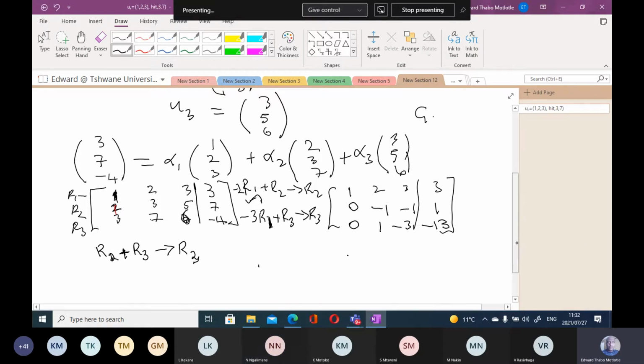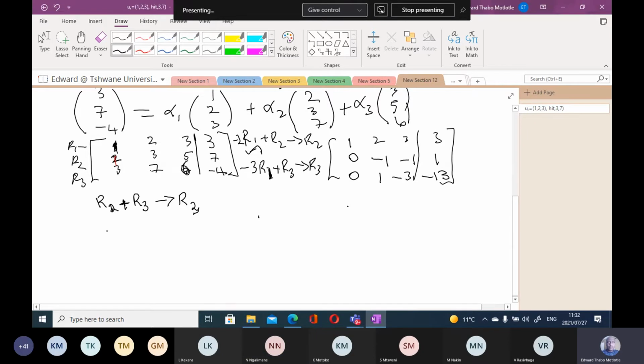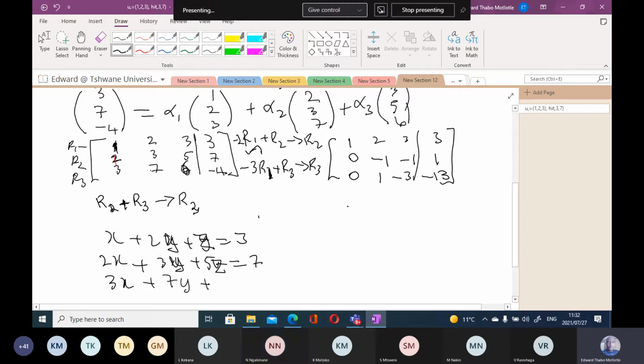Basically, here we have x plus 2y plus z equals 3, and here 2x plus 3y plus 5z equals 7, and this is 3x plus 7y plus 6z equals -4.